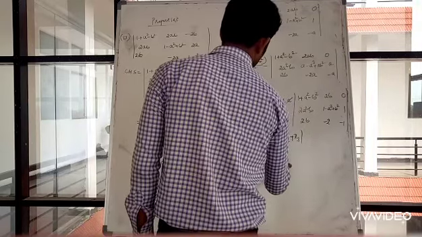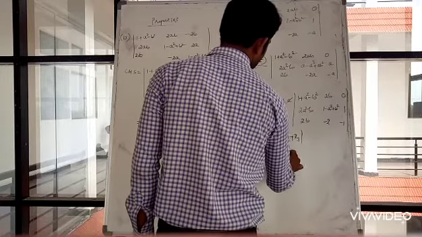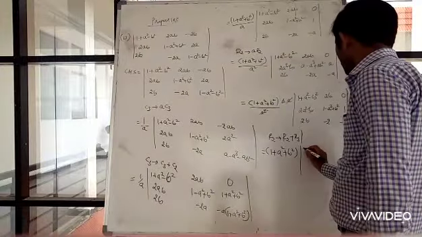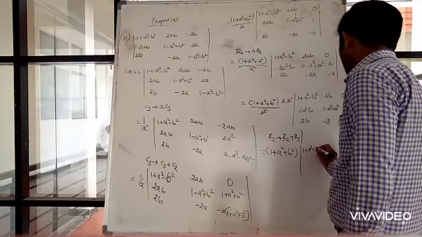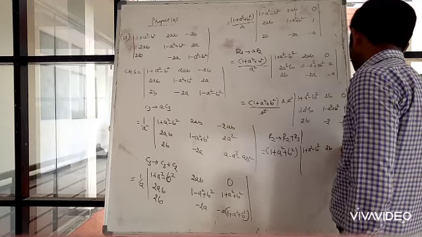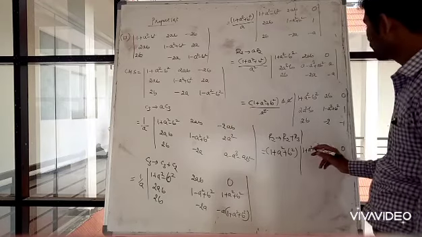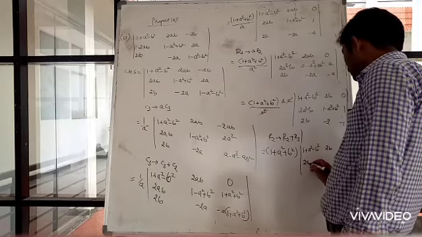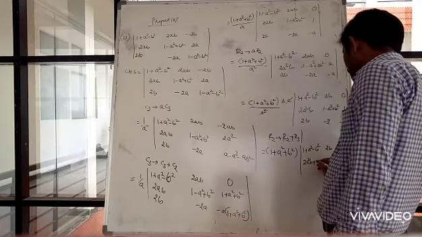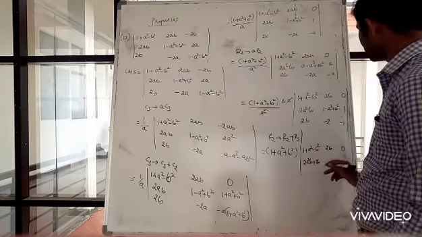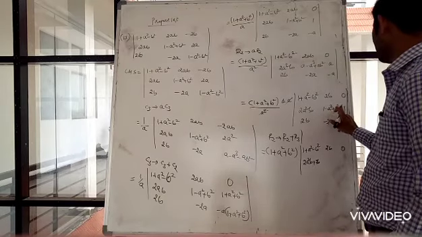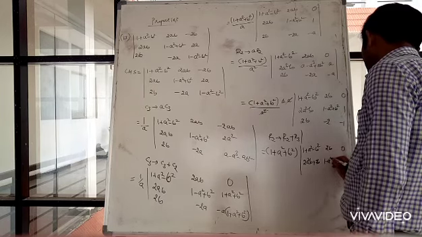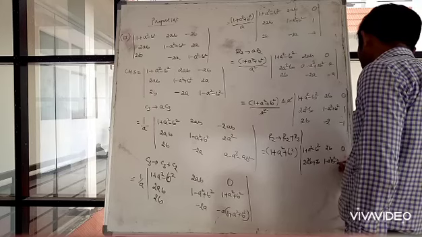So LHS is equal to 1 plus a square plus b square, determinant, 1 plus a square minus b square as it is, 2b as it is, 0 as it is. Here R2 plus R3 means 2a square b plus 2b in R2, 1 minus a square plus b square minus 2.